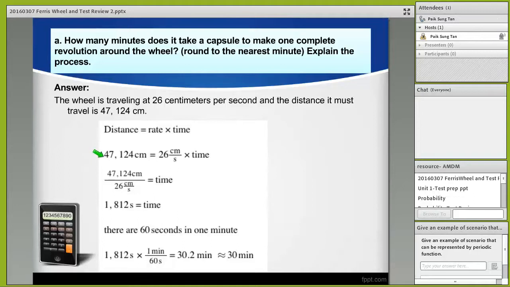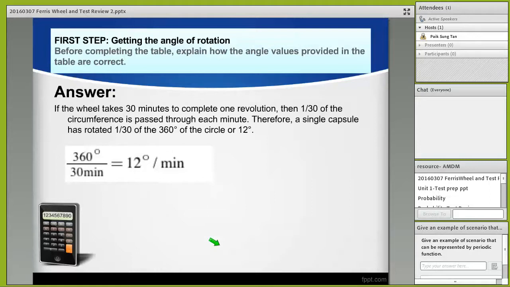To get the time, we use distance divided by rate. And you get 1,812 equal to the time. That's in seconds, because the rate is in seconds. There are 60 seconds in a minute, so you convert it into minutes and get approximately 30 minutes. The reason we convert it back to minutes is because the question was asked in minutes.